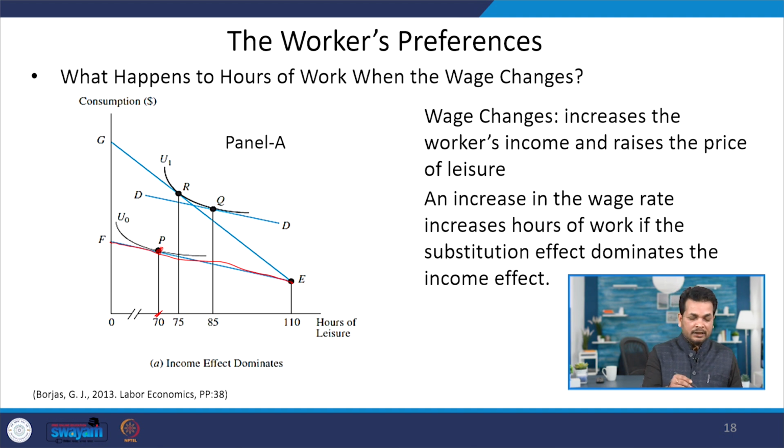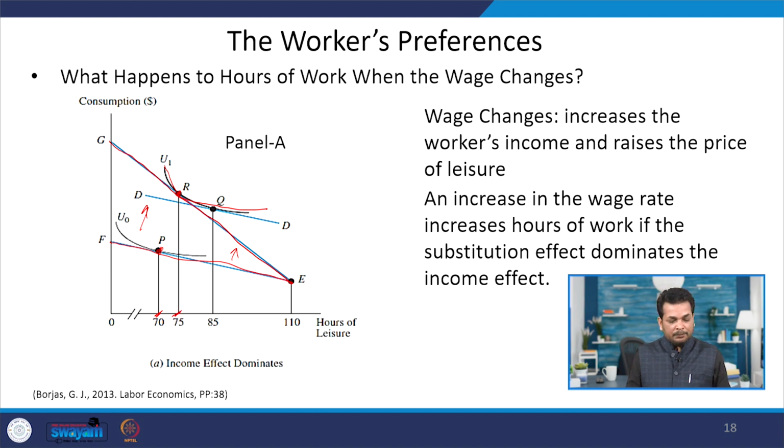Now, the wage rate has increased from 10 to 20, and the worker has a new opportunity set: the budget line has shifted up, which is now GE, and the worker is on the utility function U1 at point R, where the equilibrium condition, the utility maximizing condition, gets satisfied. Now, the worker is having 75 hours of leisure.